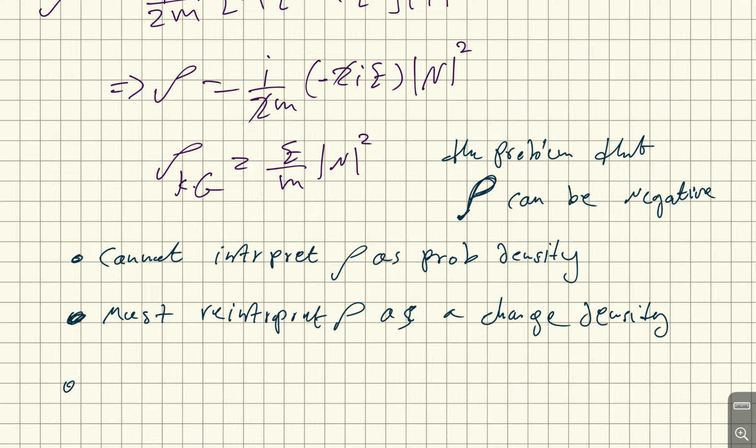And finally, negative rho corresponds to opposite charge.